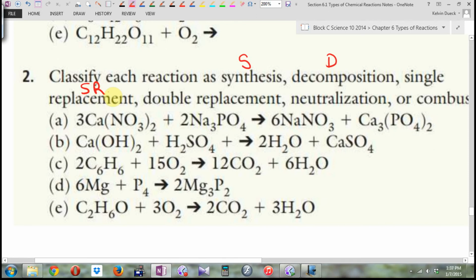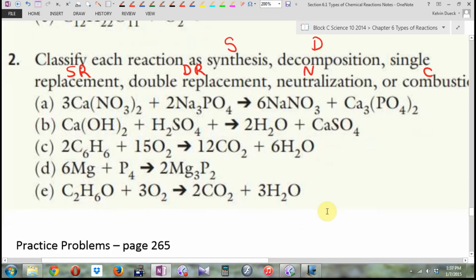What did we decide instead? DR, doctor. And then N for neutralization. What would be a good abbreviation to use for combustion? Okay, I'll take those. On the provincial, they won't accept that, but I think the provincial is all multiple choice anyways, so who cares?